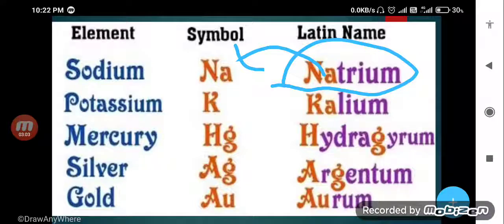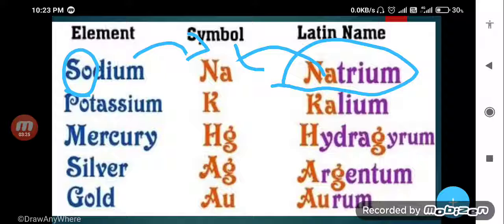We have not taken So from sodium. So, we already discussed that a few symbols are taken from the Latin name, but what is the rule? The rule is that the first letter must be written in capital form and the second letter in the small form.